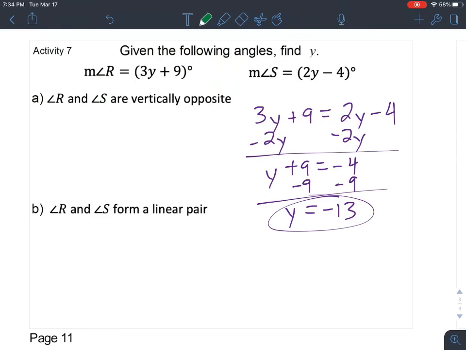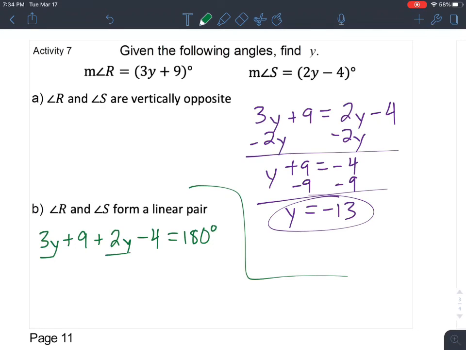Okay, then for the second part, if they are a linear pair. So remember, a linear pair, those make a straight line, and a straight line is 180 degrees. So we're going to add them together, set it equal to 180. Then I know by combining my like terms, 3y and 2y make 5y. 9 and negative 4 are going to make 5.